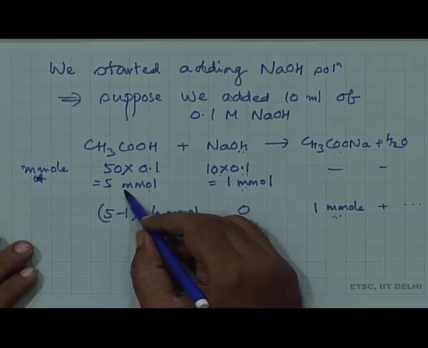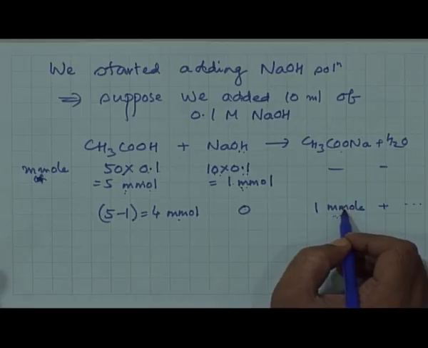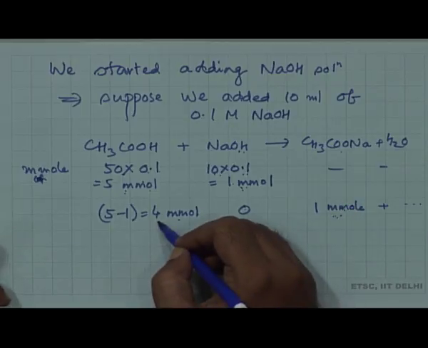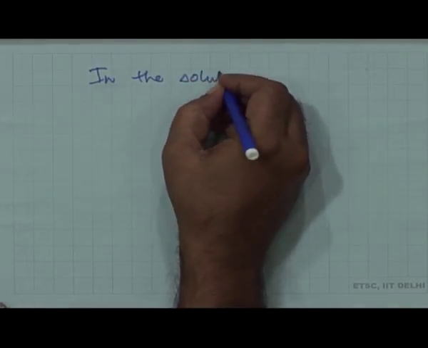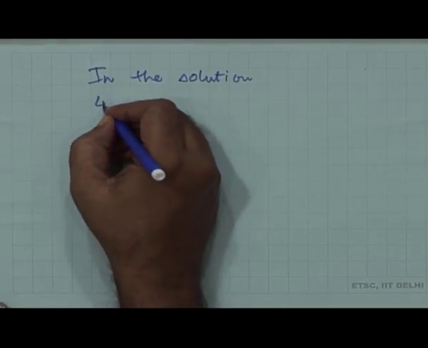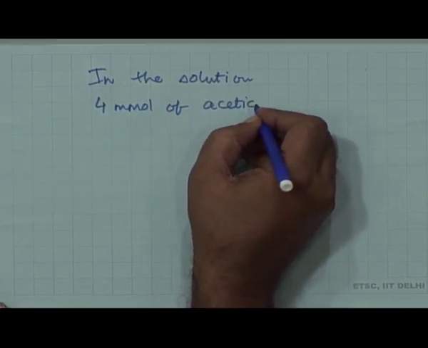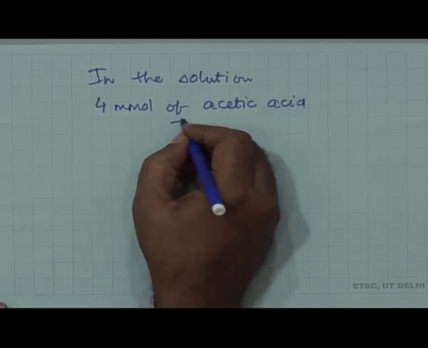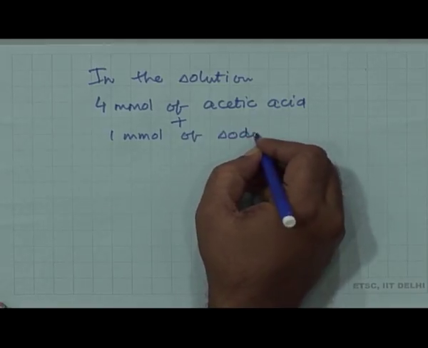So 1 millimole of acetic acid reacts with 1 millimole of NaOH to give 1 millimole of sodium acetate, and what is left is 4 millimole of acetic acid. So now in the solution we have 4 millimole of acetic acid and 1 millimole of sodium acetate.